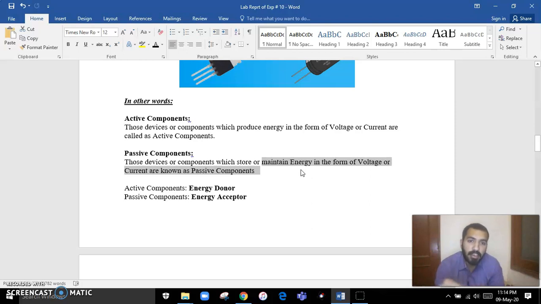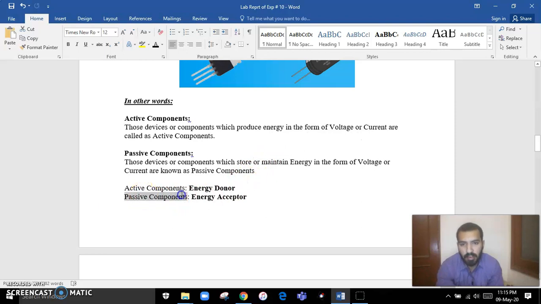An inductor also stores or maintains an electric field or a magnetic field. Similarly, a resistor just works on electricity: when we provide it electricity, it provides resistance and simply does its work. So those components that produce energy are active components, and those that only store or maintain energy are passive components.